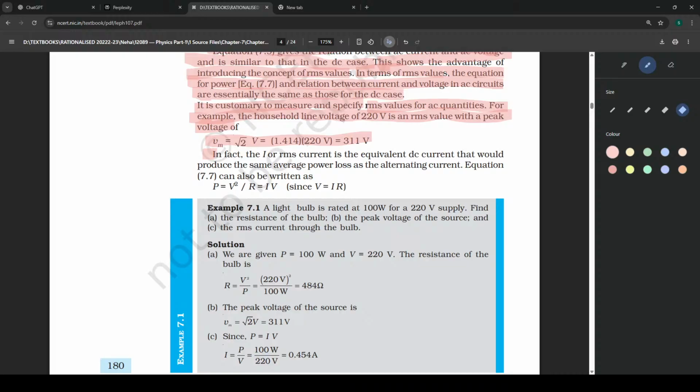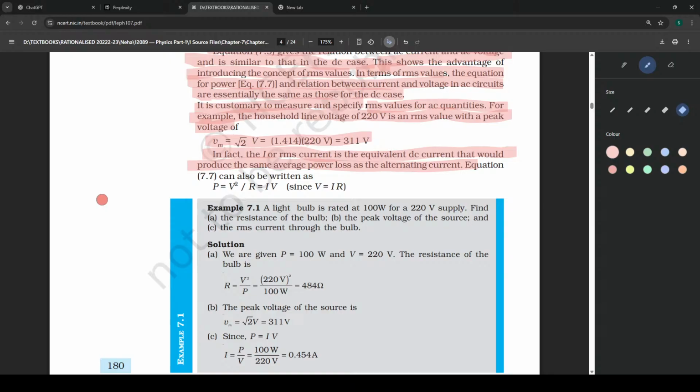In fact, the IRMS current is the equivalent DC current that would produce the same average power loss as the alternating current. That is basically the use of RMS current.